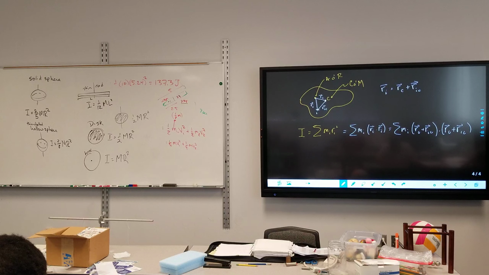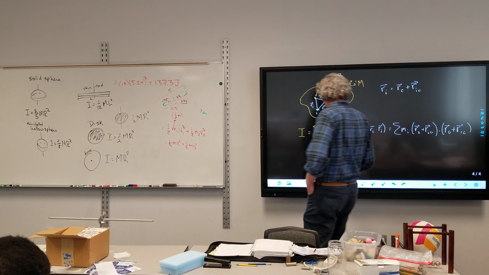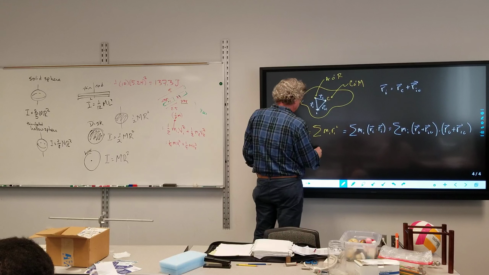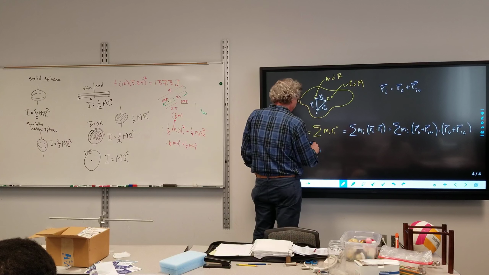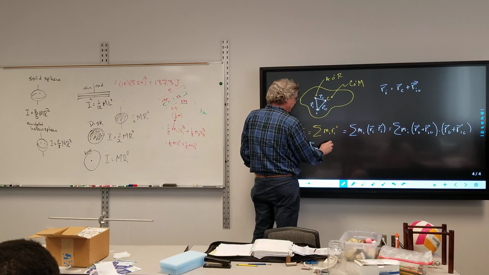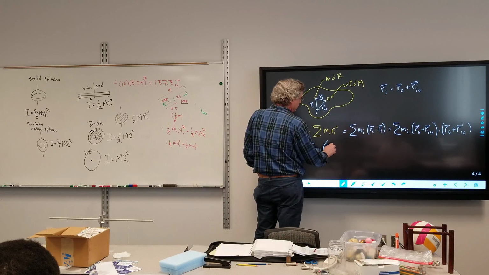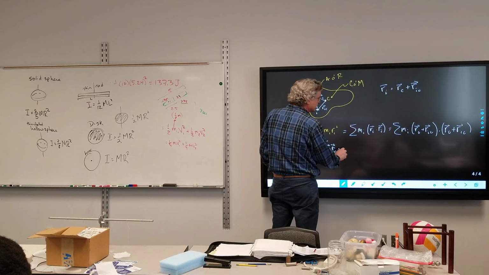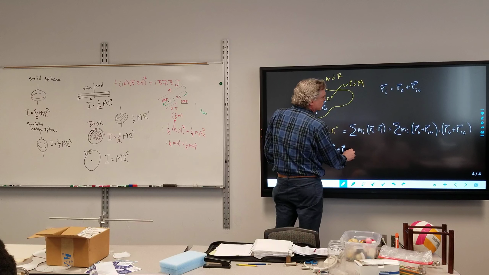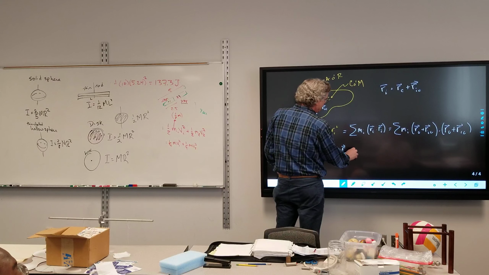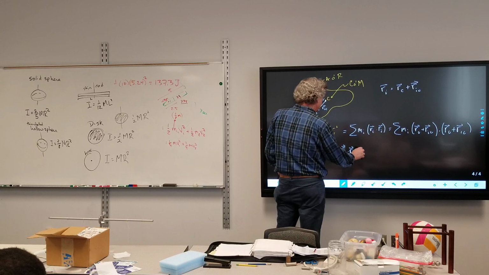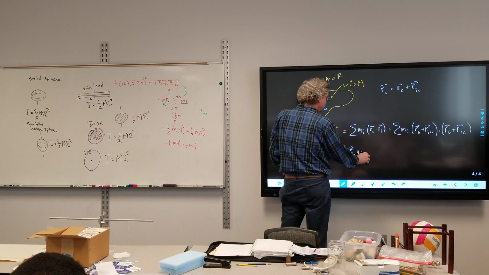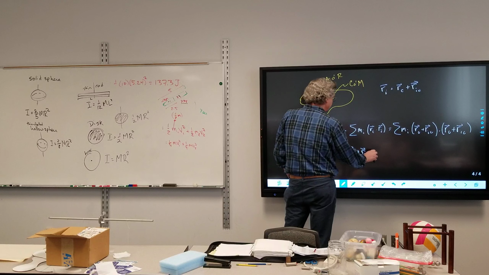So I'm going to do a little FOIL here. So I is equal to the sum of m sub i times r c dot r c, plus r c dot r ic, plus, well, actually two of those, and then plus r ic dot r ic.